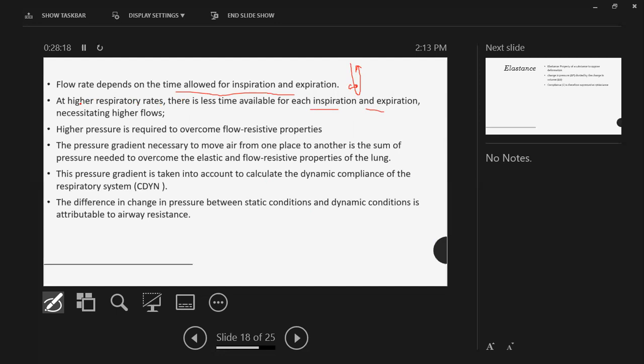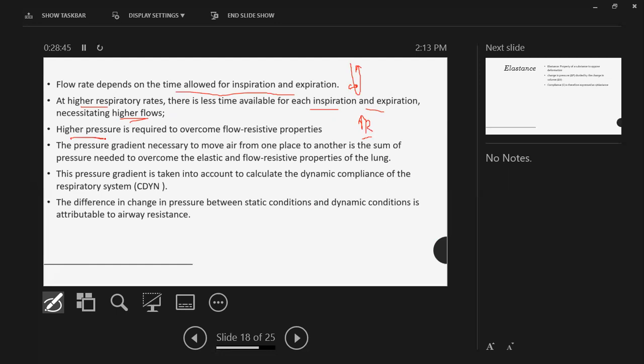So for higher respiratory rates, you need more flow for the same going in and coming out to happen, and higher pressures will be required. Why? Because if flow is going to increase, what happens to the property of airflow? It becomes more turbulent. If it becomes more turbulent, what happens? The resistance increases. If resistance increases, this flow has to go against this resistance. So for that, a higher pressure will be required.